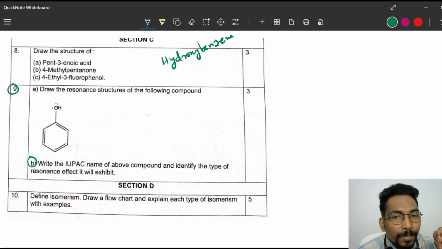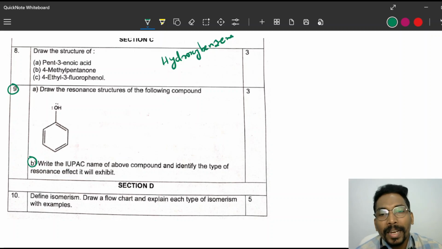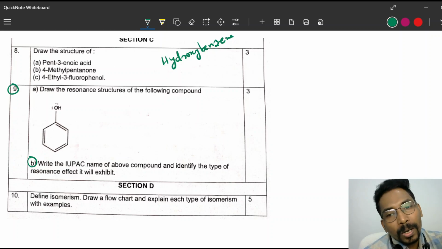Now identify the type of resonance. We have two types of resonance effect: plus R effect and minus R effect. If the electron pairs are pushed towards the ring, that is called plus R effect. And if electron pairs are getting withdrawn towards the group from the ring, that is called minus R effect.